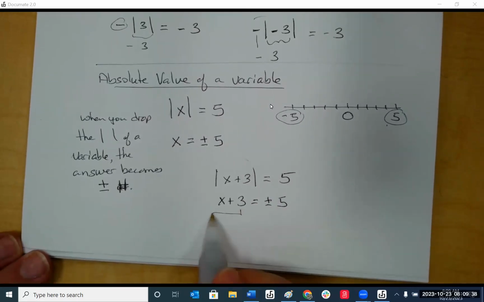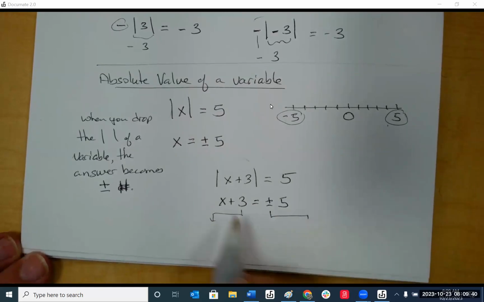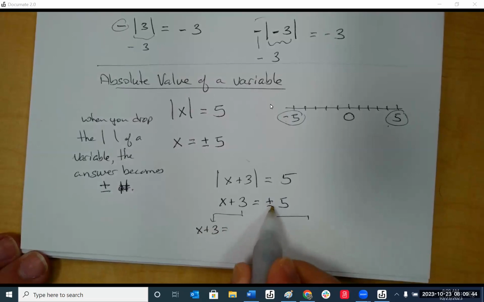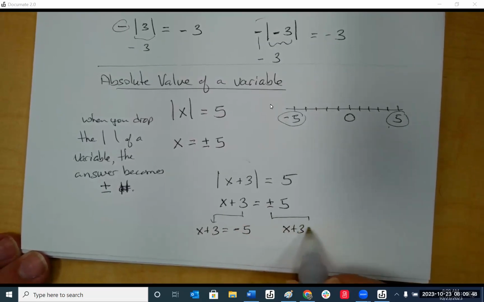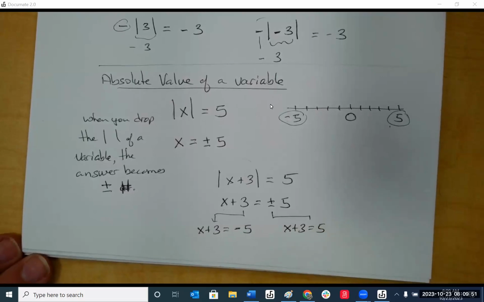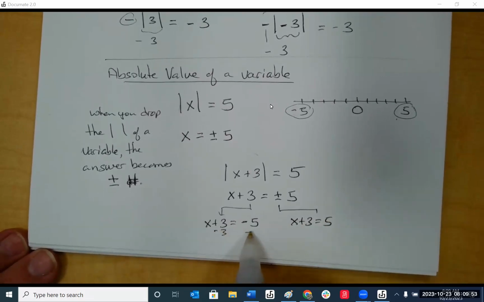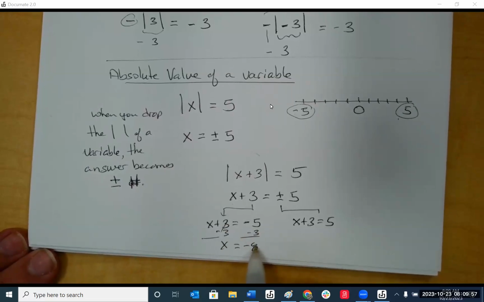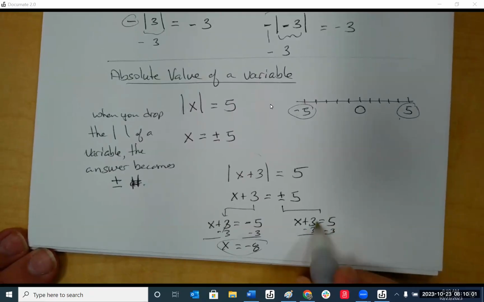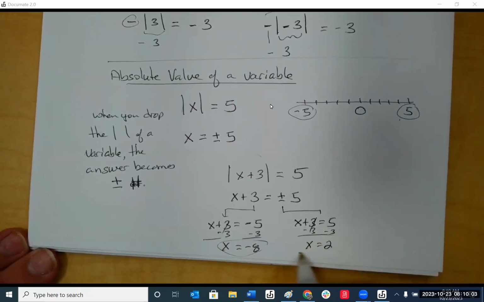So now this question, we're solving for x. X plus 3 equals negative 5, and x plus 3 equals positive 5. So you solve them both. So x equals negative 8, or x equals 2.